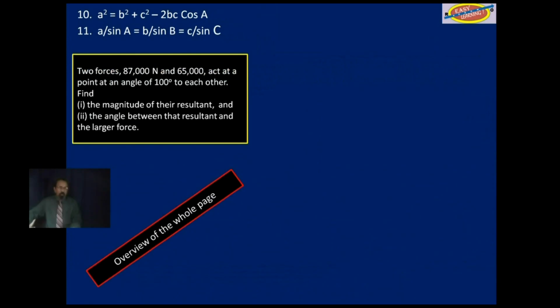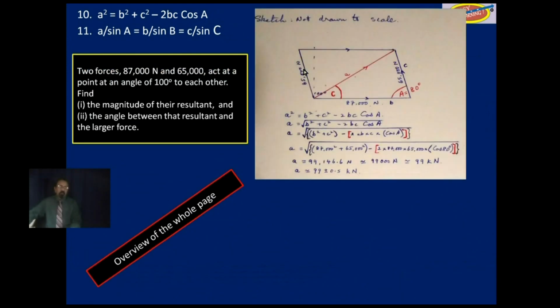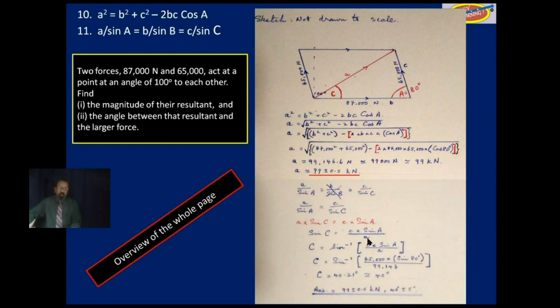So if you want to look at the whole page, this is what it looks like. This here has to do with calculating the magnitude, and this here has to do with calculating the angle. Now, it is not as complicated as it looks here if you do that about 4 or 5 times. After a while, it becomes very, very easy.